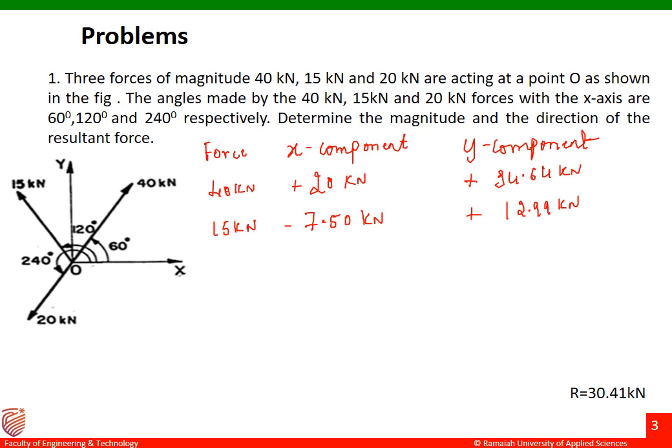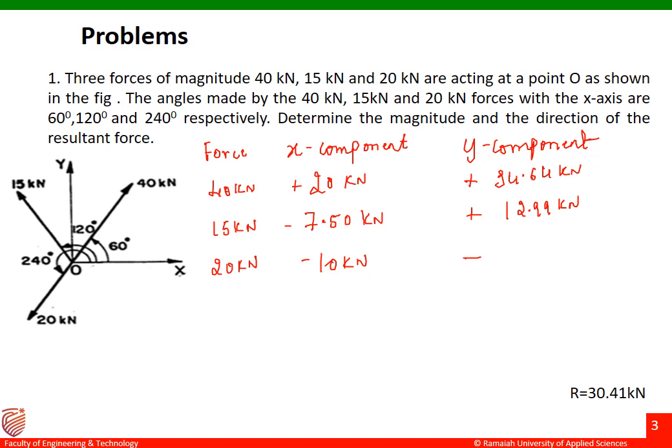The next one would be 20 kilonewton. For the x component, I subtract 180 degrees from 240, which gives 60 degrees with respect to the horizontal. 20 into cos 60 gives minus 10 kilonewton, because the 20 kilonewton force is acting in the third quadrant.